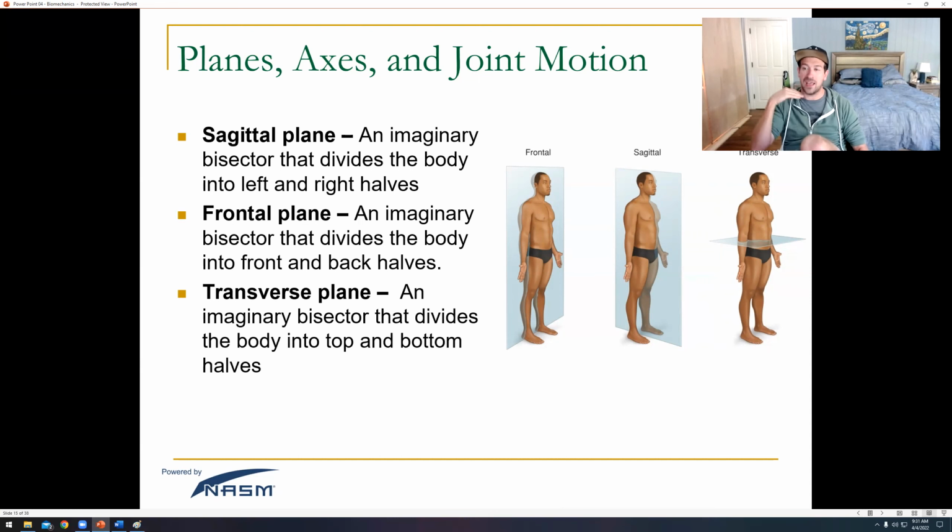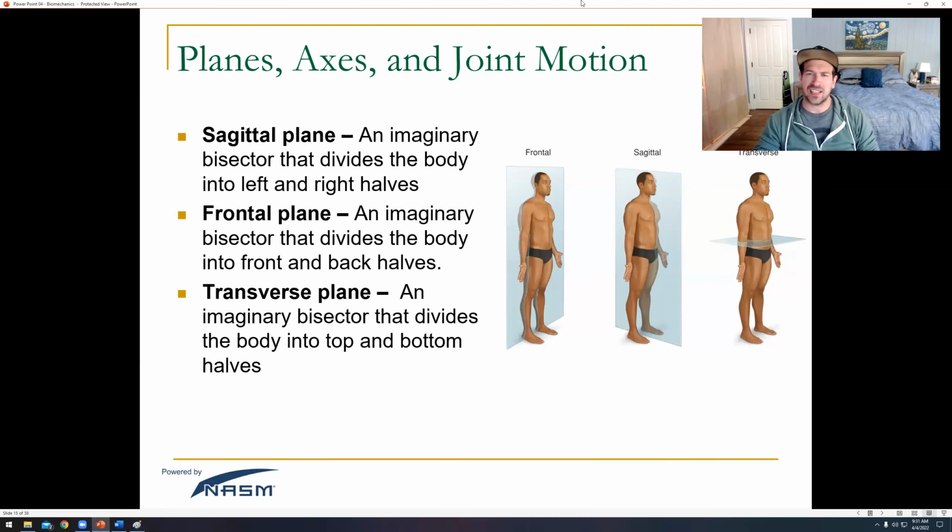You could spin me all the way around at that point. It's got a lot of rotational movement. Internal rotation versus external rotation, we talked about that at the beginning of this lesson, right? Internal rotation and external rotation are both taking place in the transverse plane because they are rotating, right?